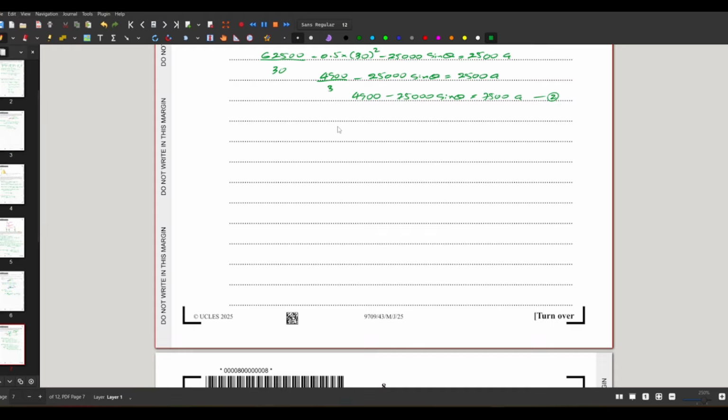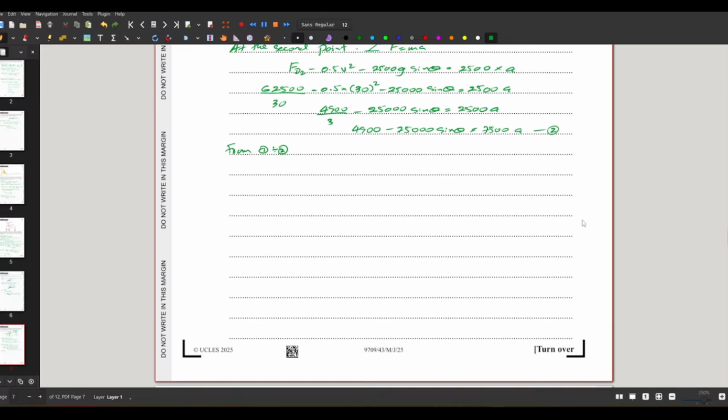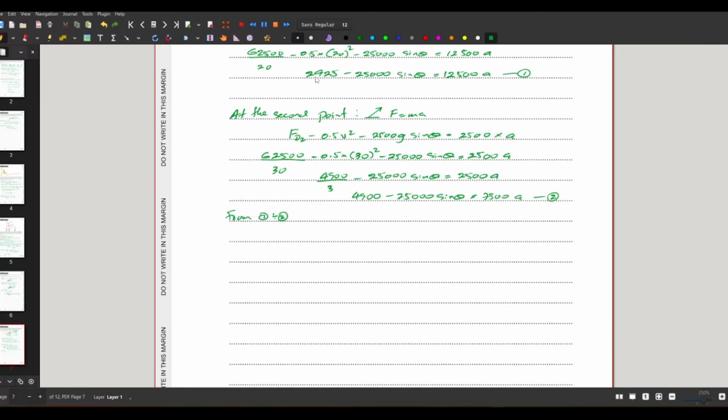Now I can simply divide equation 1 by equation 2. Equation 1 is this one. So this part divide by this part.